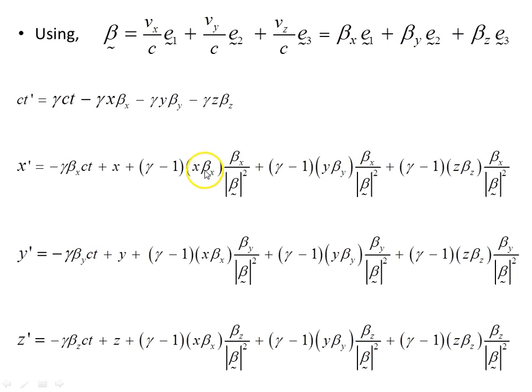And we've got x, we put betas here, that's vx on c, but then beta squared will have a factor of c squared underneath, which will cancel that out. This expresses the same thing as on the previous page. So this is the more usual form for expressing it. And we can go one step further by tidying up because beta y and beta z can go together, beta y, beta z could be multiplied out there. And we'll see shortly when we tidy this up.